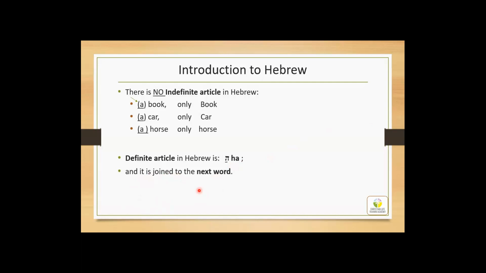And remember, we're reading from right to left. Okay, now on the screen it is sort of back to front. We go from right to left. And it's joined, so I will put the ha onto the next word.